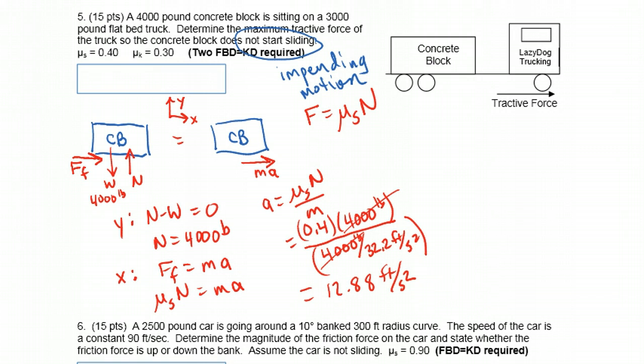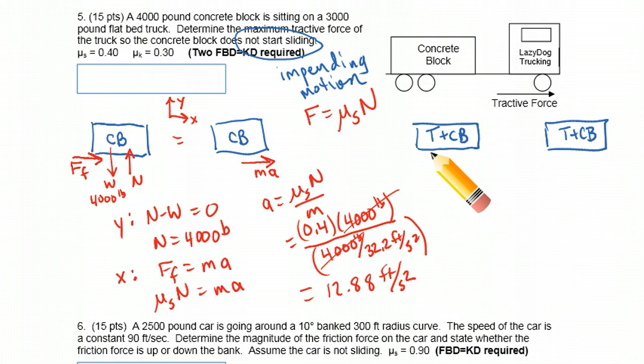Okay, so now we draw a free body diagram of the entire system, and I'm just going to draw something like this: truck plus concrete block. Let's go with green this time.